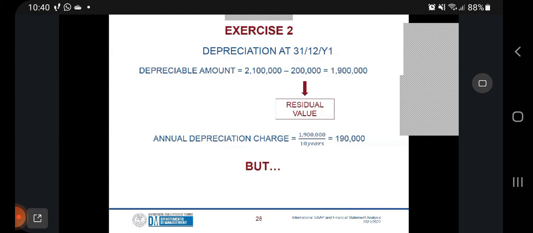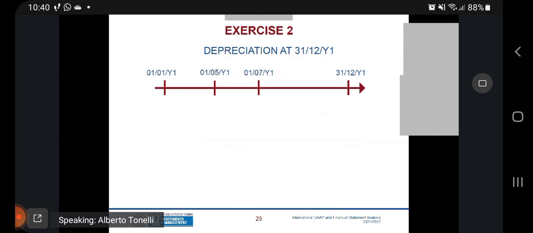But depreciation starts when the asset is ready to use. The correct date is not the 1st May year 1, but the 1st July year 1.